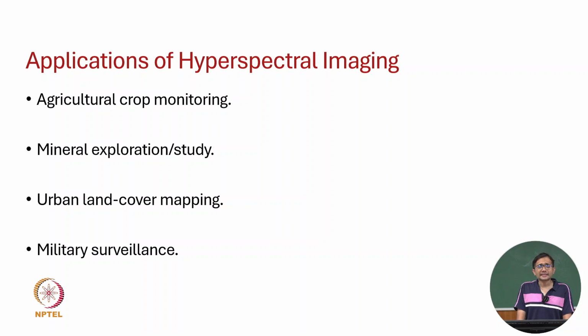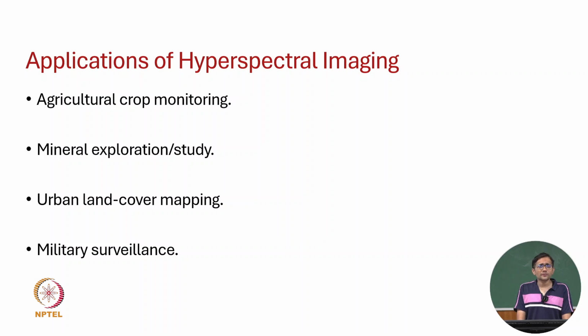Very importantly, it's used for mineral exploration. If we want to discover a particular mineral in a new place, or we already know that this mineral exists in a place and we want to keep a check on its mining-related activity, we can use hyperspectral images for this.